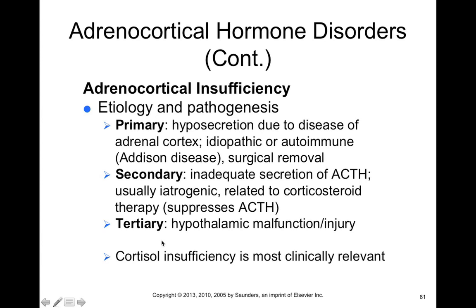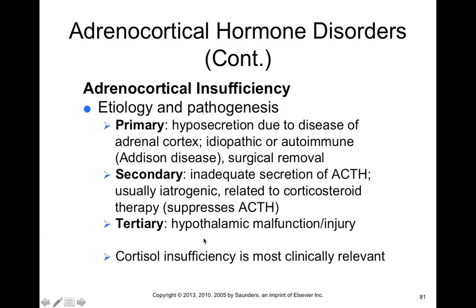Now, we'll first talk about adrenocortical insufficiency, and there's primary, secondary, and tertiary insufficiencies. A primary adrenocortical insufficiency is due to a disease of the adrenal cortex, right? Like if the adrenal cortex itself is damaged, that's the endocrine secreting gland here, the end part. So we call it the primary deficiency. Secondary would be an issue with the pituitary gland not secreting enough ACTH.